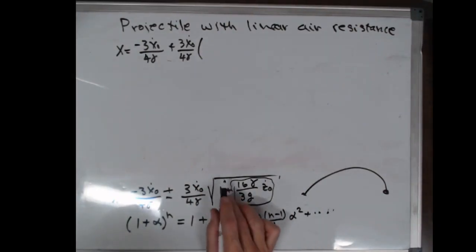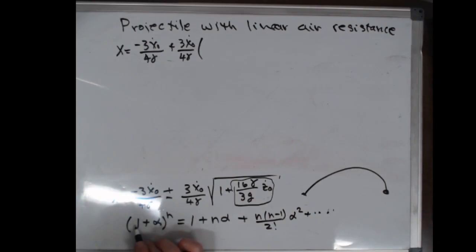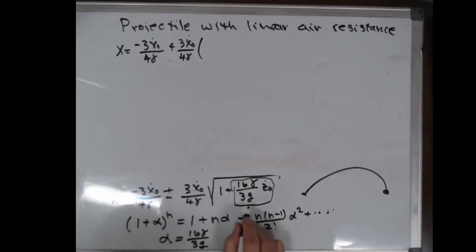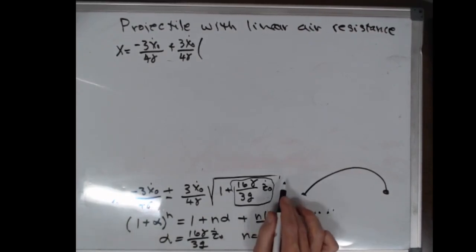If we're representing this radical with a binomial expansion, here we're going to have alpha. The thing that's alpha in here is 16 gamma z naught dot over 3g. And n is equal to 1/2.